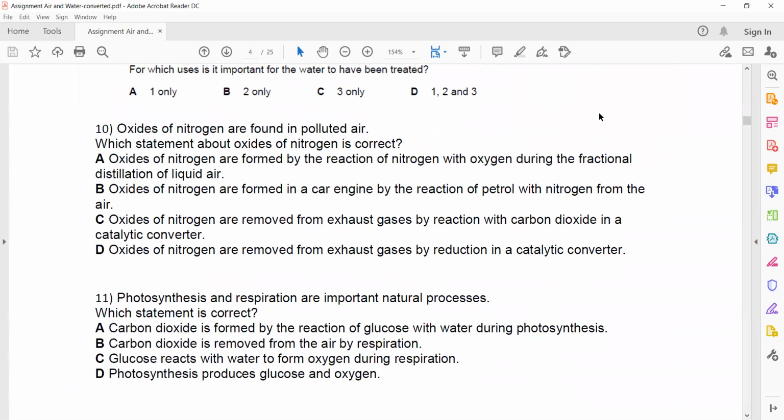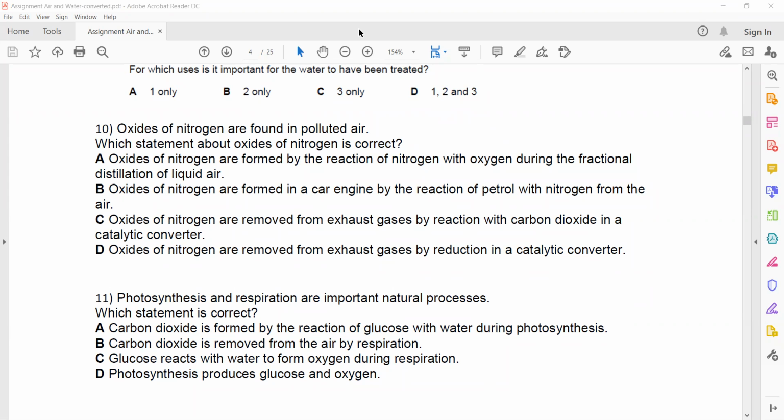Question 10. What's the answer for question 10? D is the right answer.